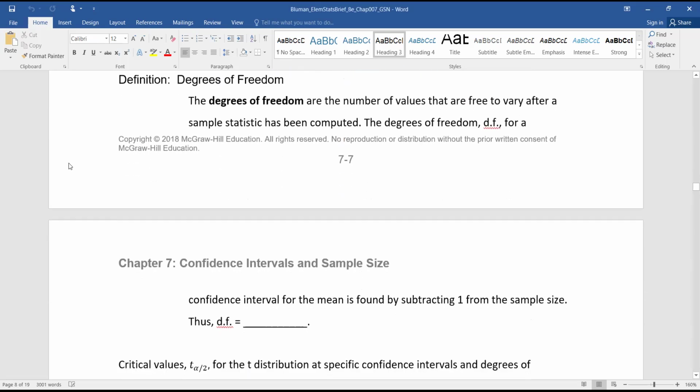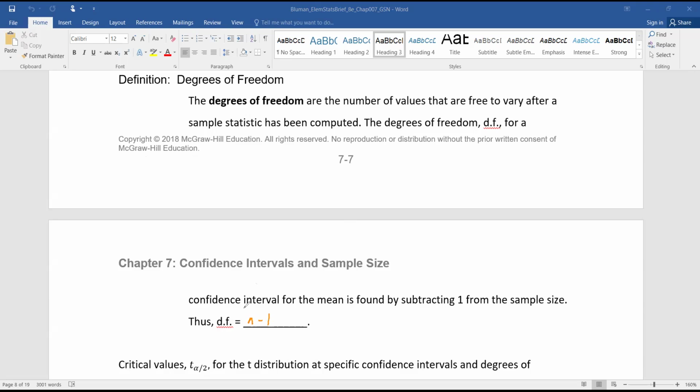The definition of degrees of freedom is the number of values that are free to vary after a sample statistic has been computed. The degrees of freedom, also known as DF, for a confidence interval for the mean is found by subtracting 1 from the sample size. Thus, to find the degrees of freedom is simply n minus 1.